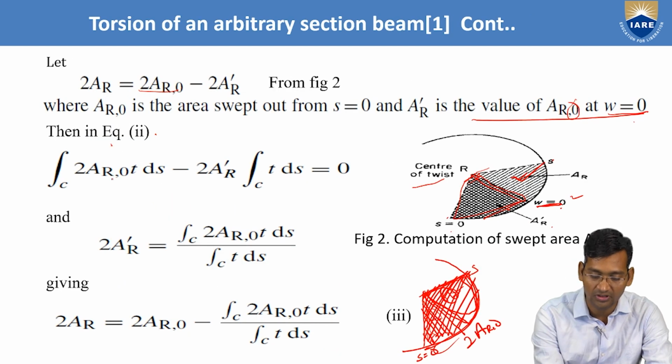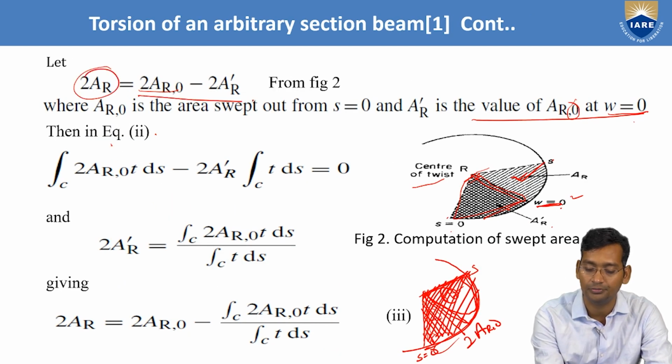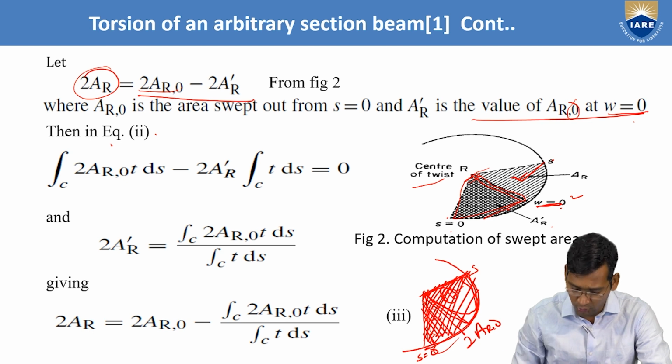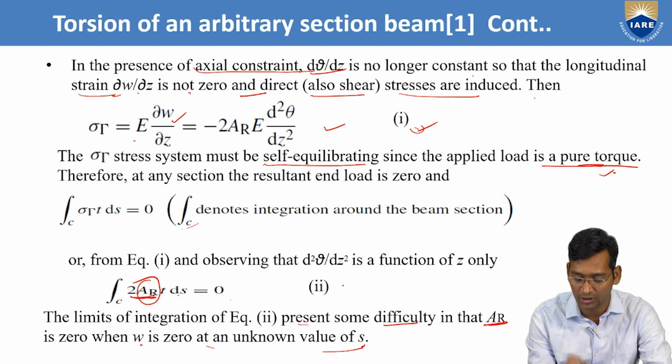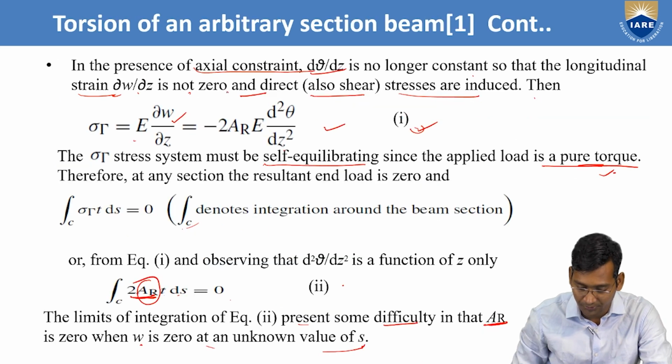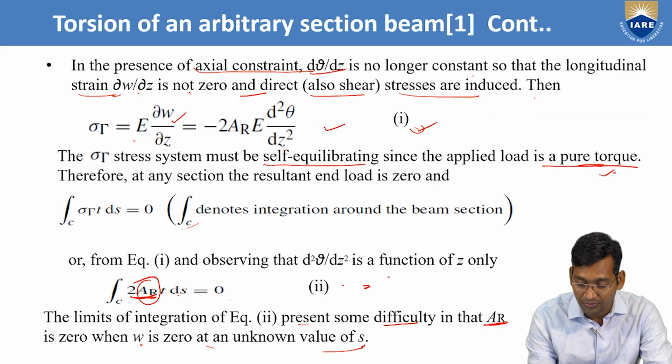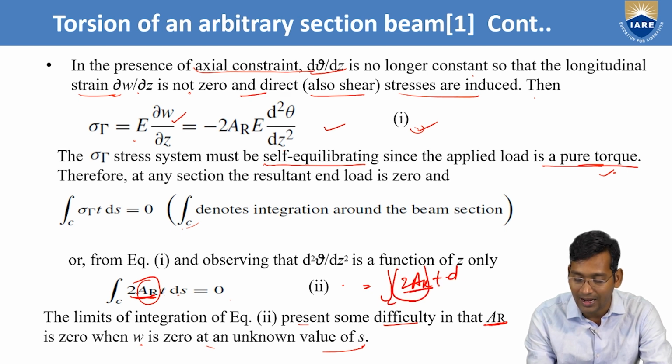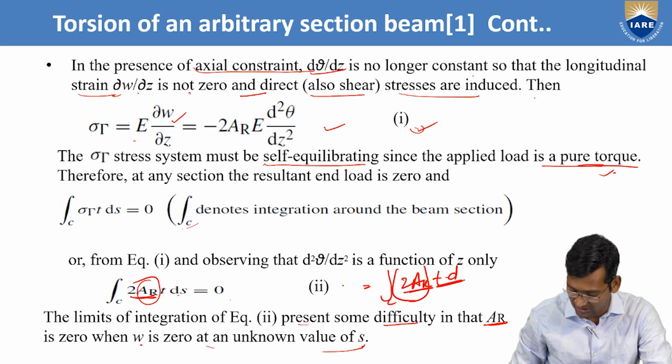This AR value here, or 2AR, is given already. So for 2AR, you can directly take this whole value. So now the equation becomes what? Here it is given as the integral of C 2AR TDS. So we can put 2AR in, into TDS.